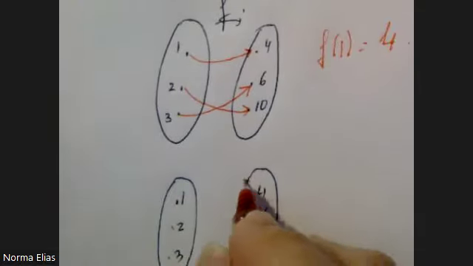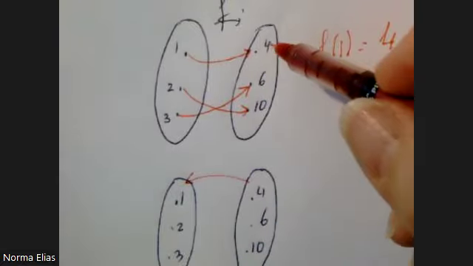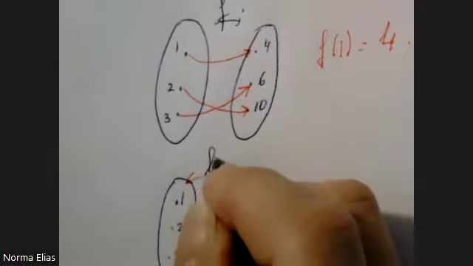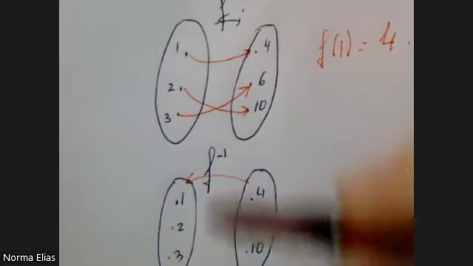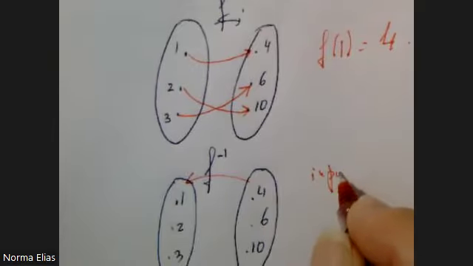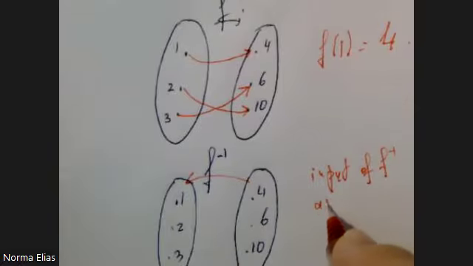It basically is going to undo what f does. So it's going to take for input the output of f. So this is my f inverse. So the inputs of f inverse are the outputs of f.